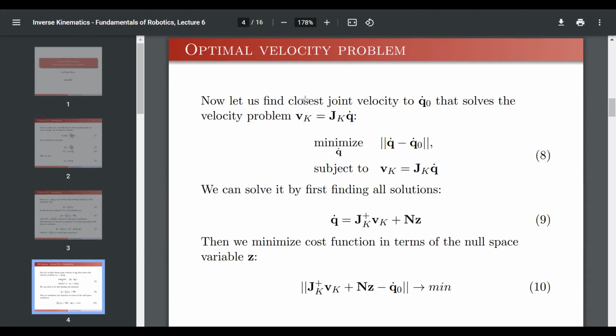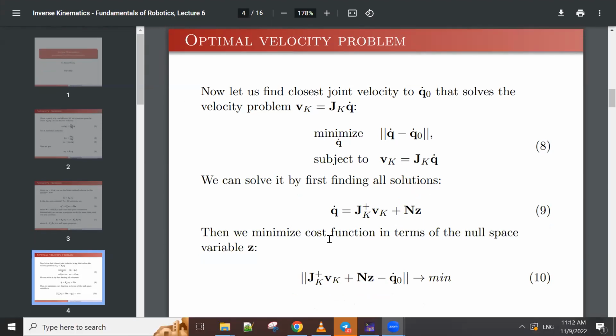We can take this whole thing and substitute it into here. What we get is this equation. So we want to minimize the norm of J inverse v plus Nz minus q0.